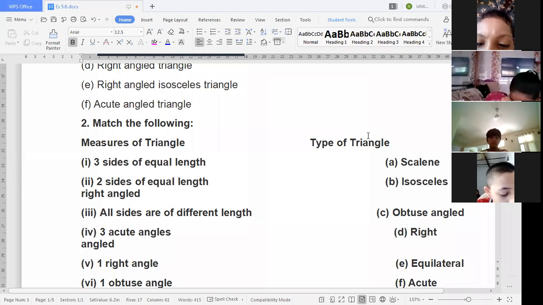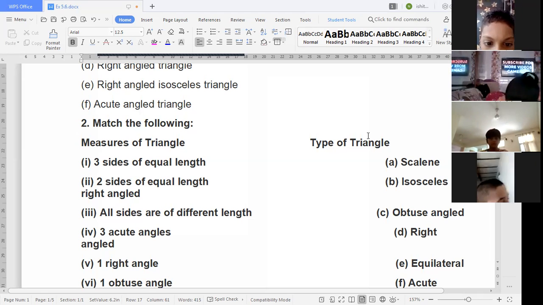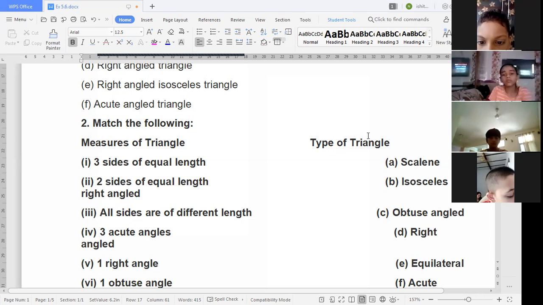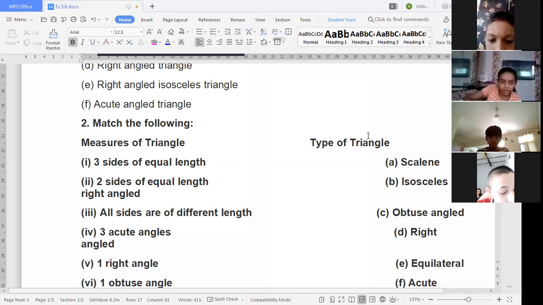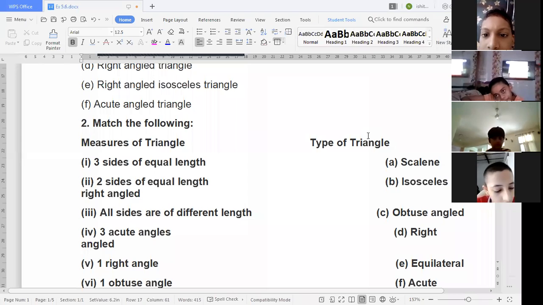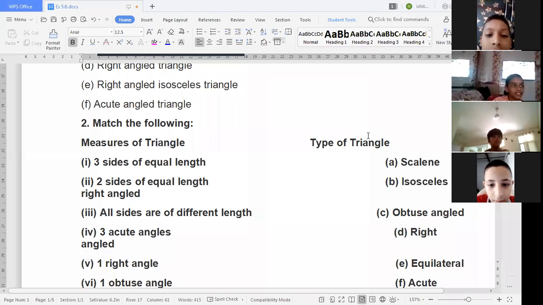Arush, give me the next answer in the chat box. Write the next answer. One right angle. Match it. Which type of triangle it is? Yes, Arsh, you are correct. Arnav Singh Tomar, absolutely right. Madhav, right. Arush, right. Shubhatre, write the correct answer. Yes, you are right, Shubhatre now.